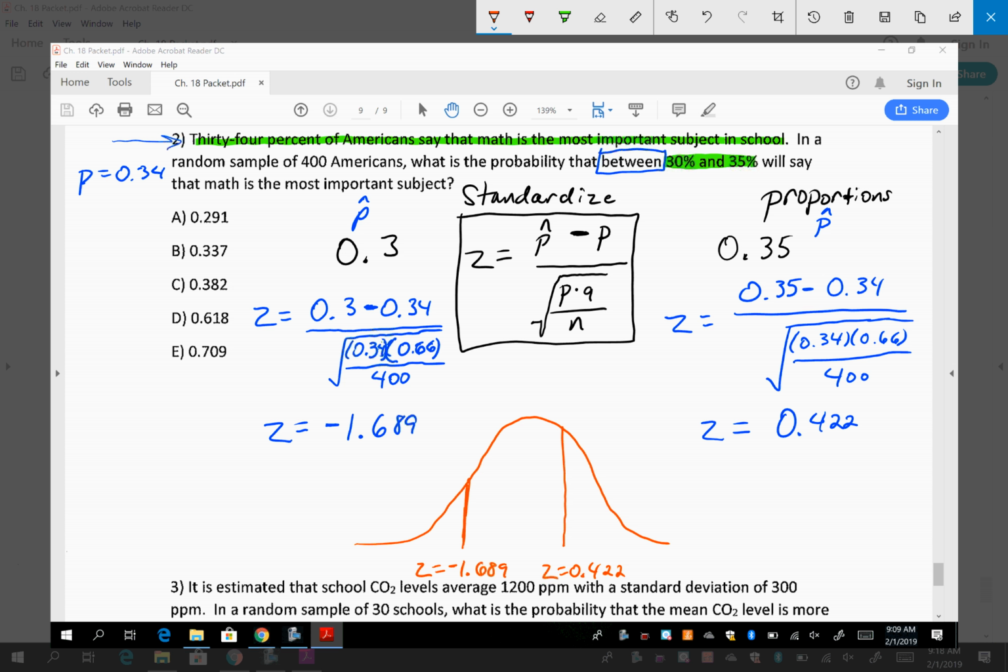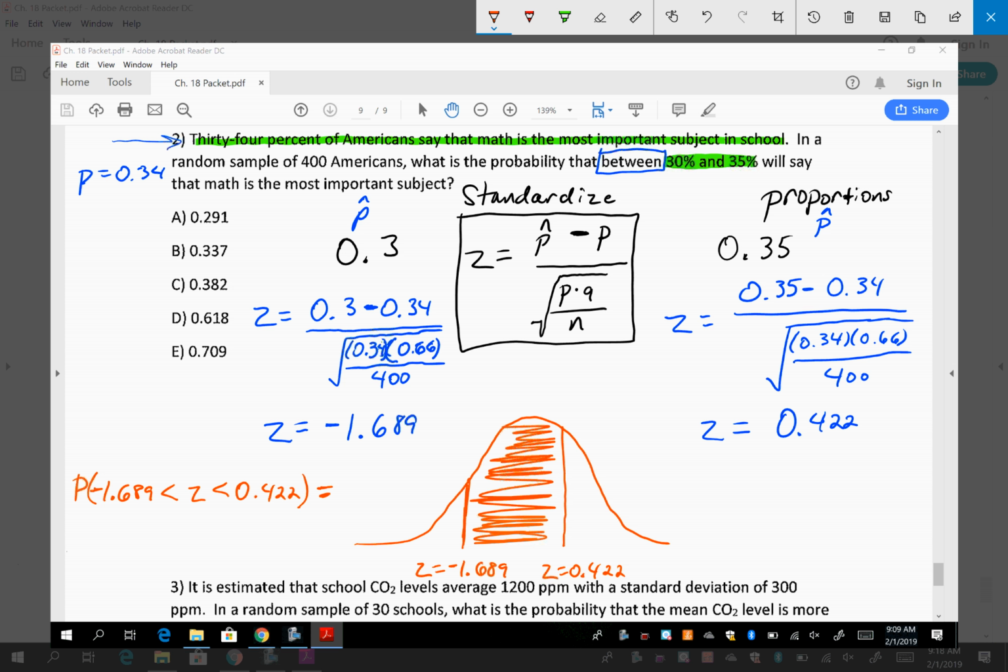The word said between. If you'd like to write down the notation, it's the probability that your z-score is less than 0.422, but greater than negative 1.689. That's how statisticians would write that.